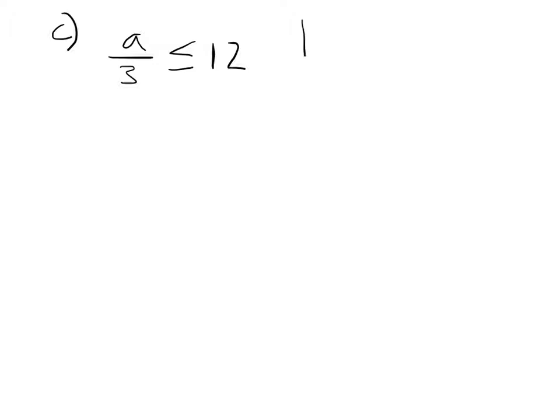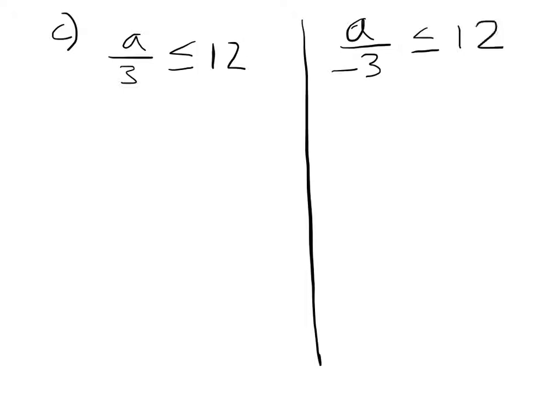I'm going to do another example right next to it, a over negative 3 is less than or equal to 12. To solve this, I'm going to multiply by 3 over 1, multiply by 3, these cancel, and I get a is less than or equal to 36. However, on the other one, when I multiply, I have to multiply by negative 3, and that changes everything.